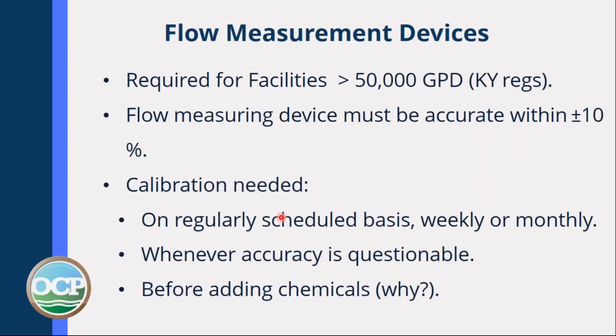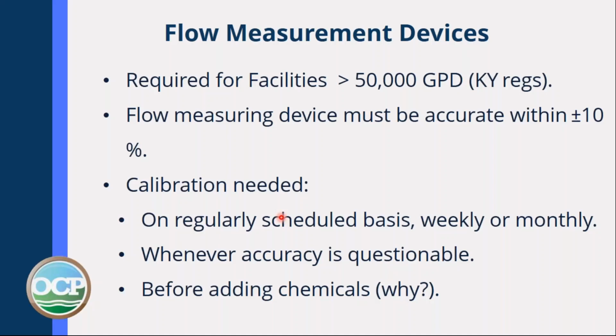So flow measuring devices in general are required for facilities greater than 50,000 gallons per day. This is a Kentucky regulation. Any flow measuring device must be accurate within plus or minus 10%.